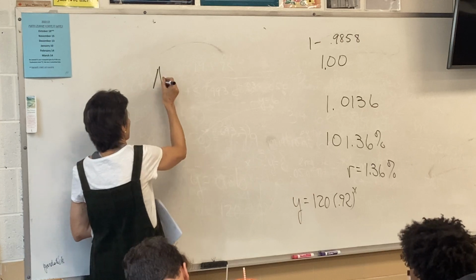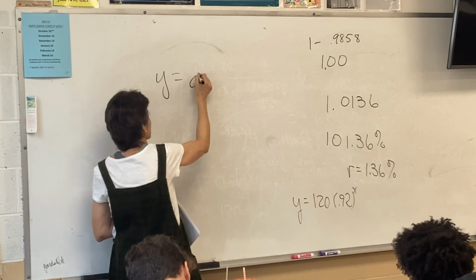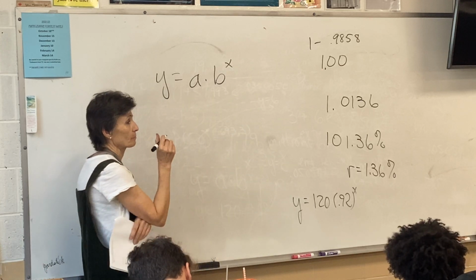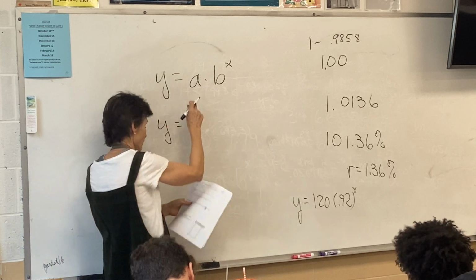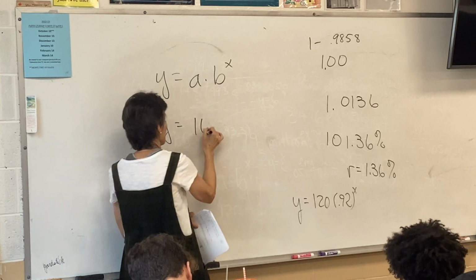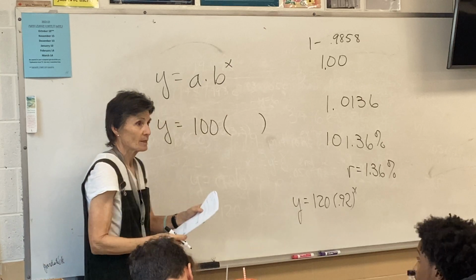So we're going to write an equation that looks like y equals a times b to the x. So y equals, what's my initial value? How many bacteria am I starting with? 100.